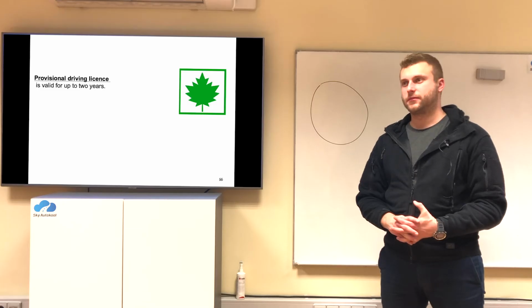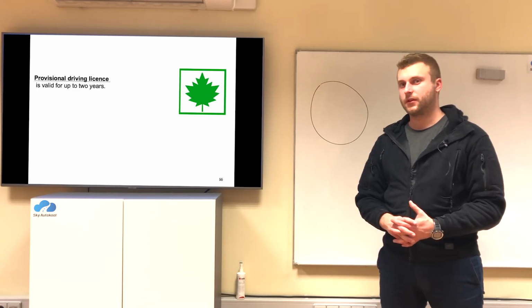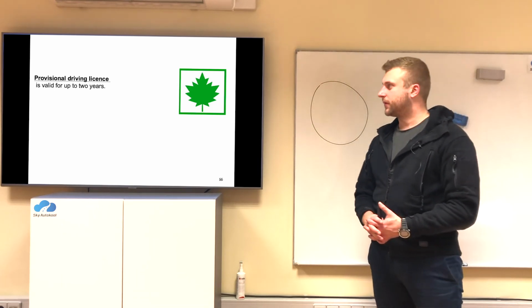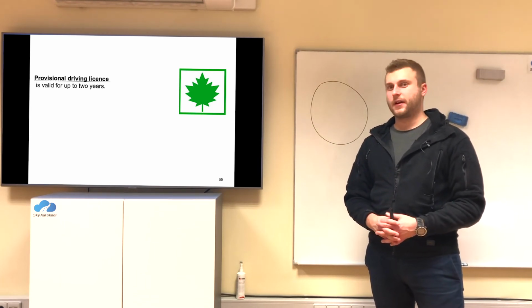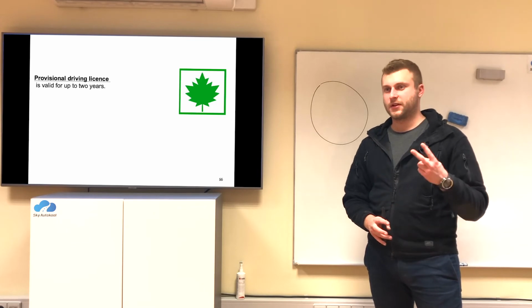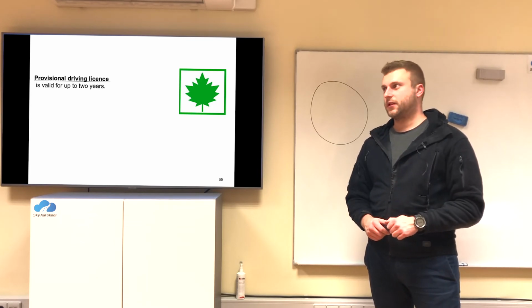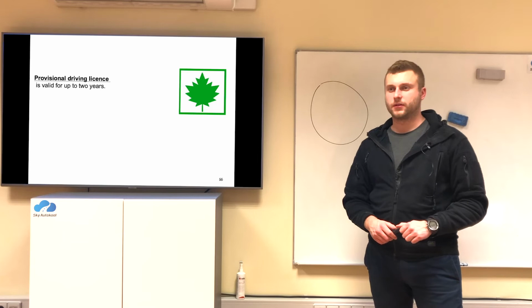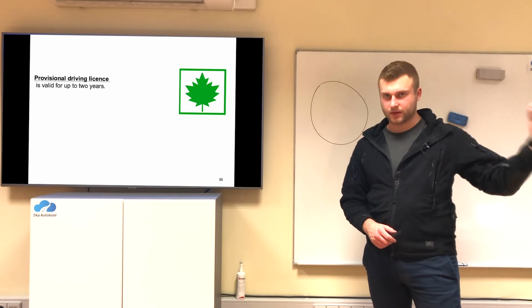So we also have this junior driving license. Basically, when you finish your exams in the road administration, then you will get this junior driving license for 2 years. It means that you cannot go more than 90, even on the highway.